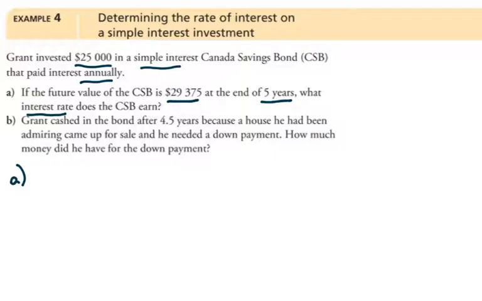So looking at $25,000, that's what he invested. That is his principal. We know the future value is $29,375.